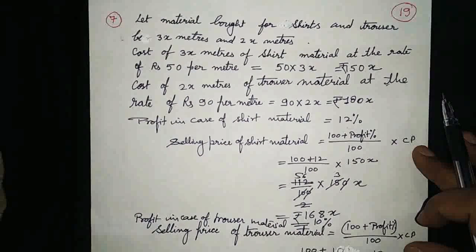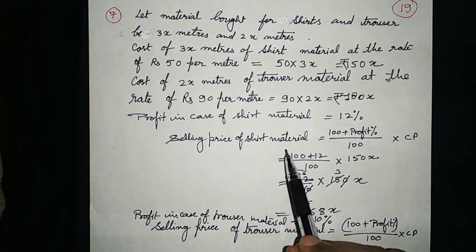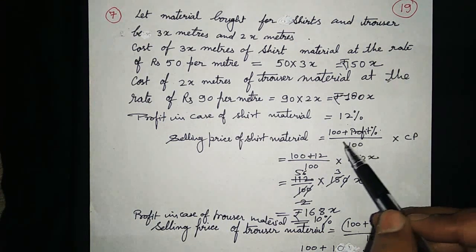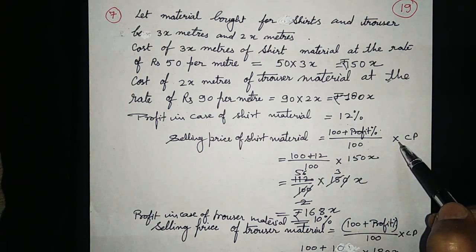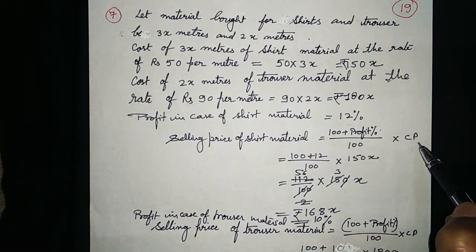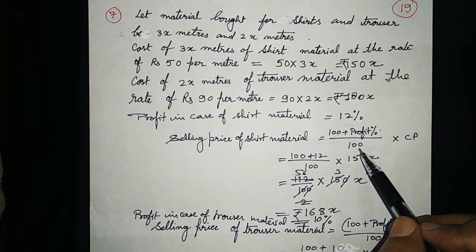For the selling price of shirt material, we will use this formula: (100 plus profit percent) upon 100 into CP. I think you have studied this formula in class 7 in the comparing quantities chapter, so I think you can use it properly.